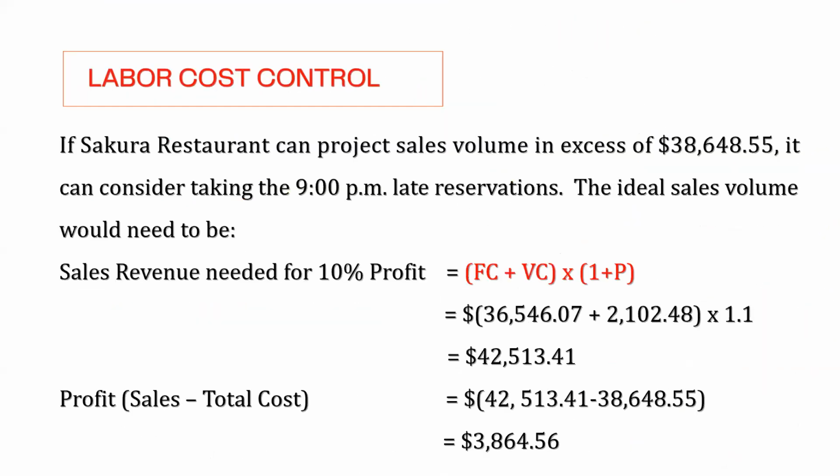But we need a profit of 10%, right? So if Sakura restaurant can project sales value in excess of this $38,648.55, then it can consider opening until 9 p.m. The ideal sales volume would be, and there's another formula, right?